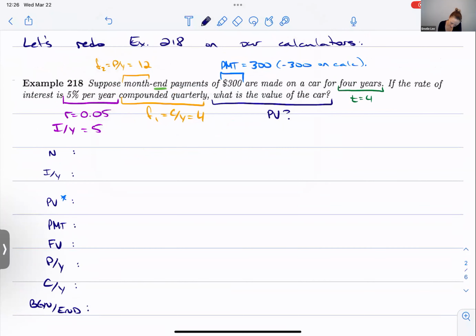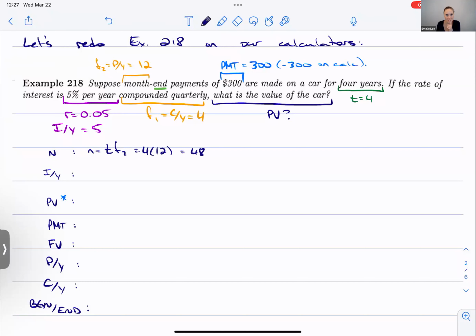So N is the number of payments, and we made month-end payments, so 12 payments per year for 4 years. So N is time times the frequency, but frequency, because it's the payments per year, is 4 times 12, which is 48.